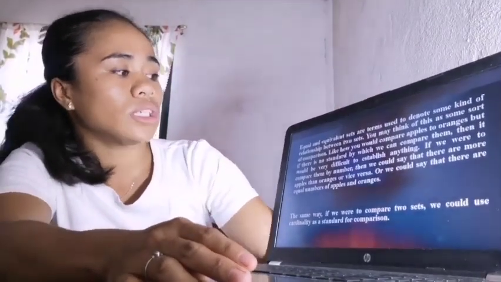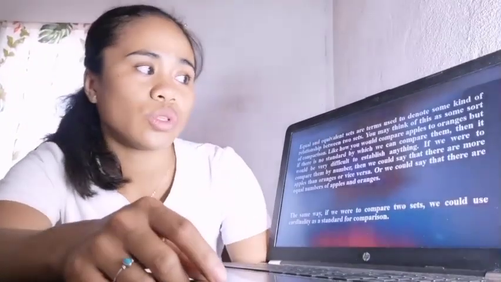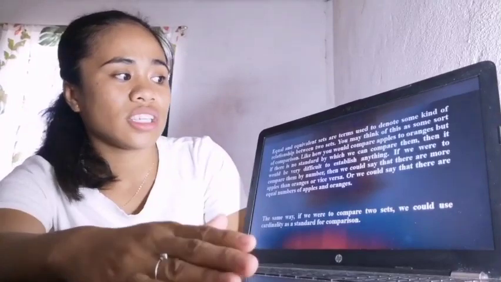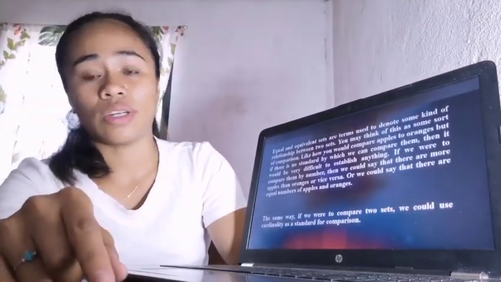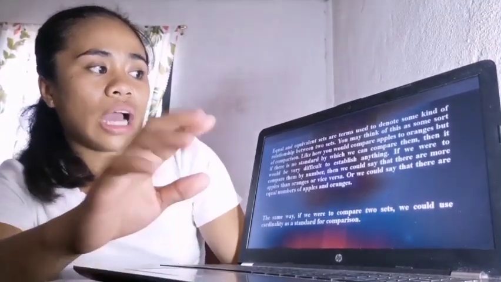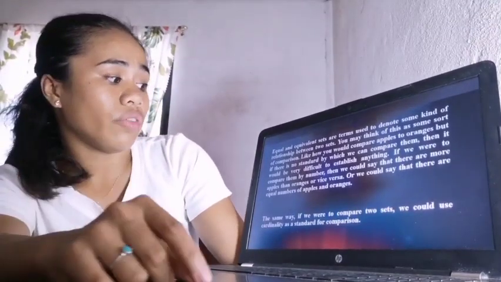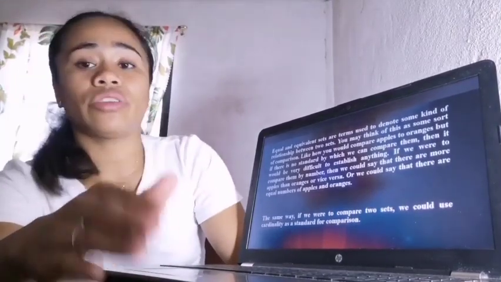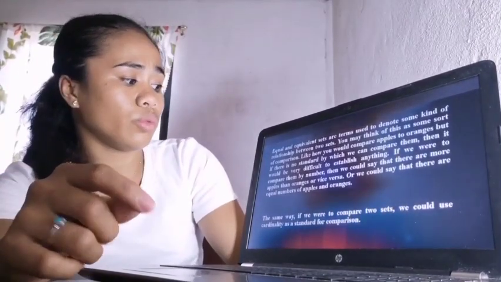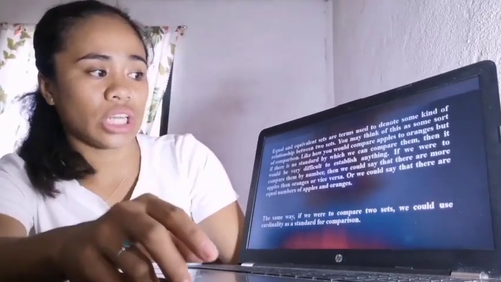Equal and equivalent set are terms used to denote some kind of relationship between two sets. You may think of this as some sort of comparison, like how you would compare apples to oranges, but if there is no standard by which we can compare them, then it will be very difficult to establish anything.